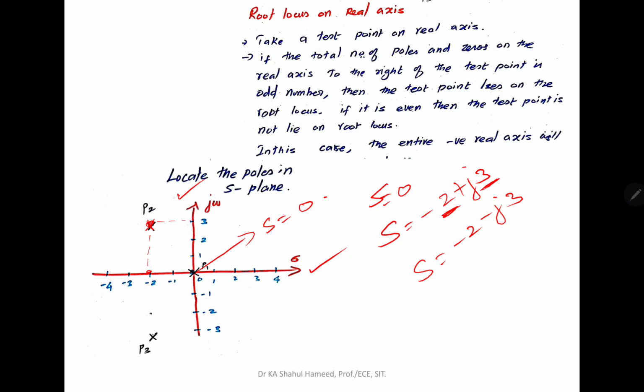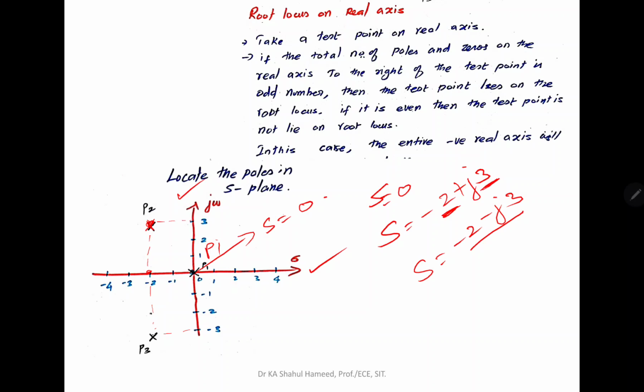This point is P2, this is P1. Similarly, minus 2 minus j3 is the mirror image, exactly in the third quadrant. So these are the 3 poles. We have identified the 3 poles in the graph.